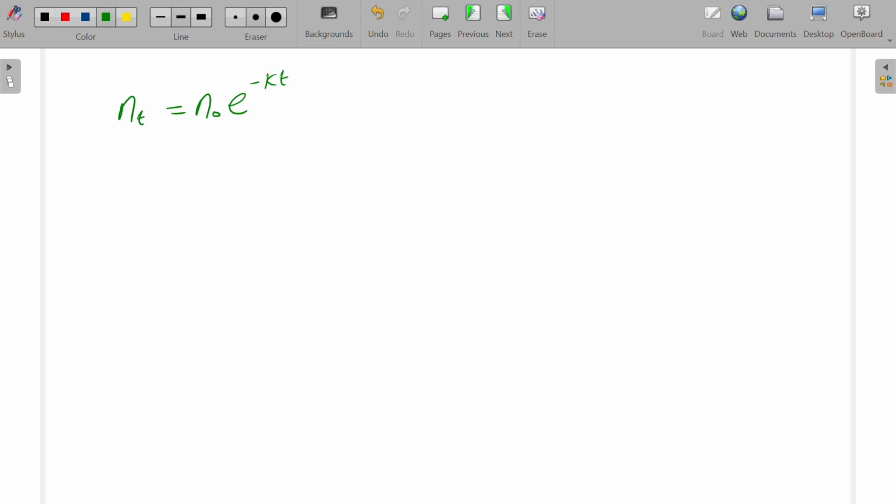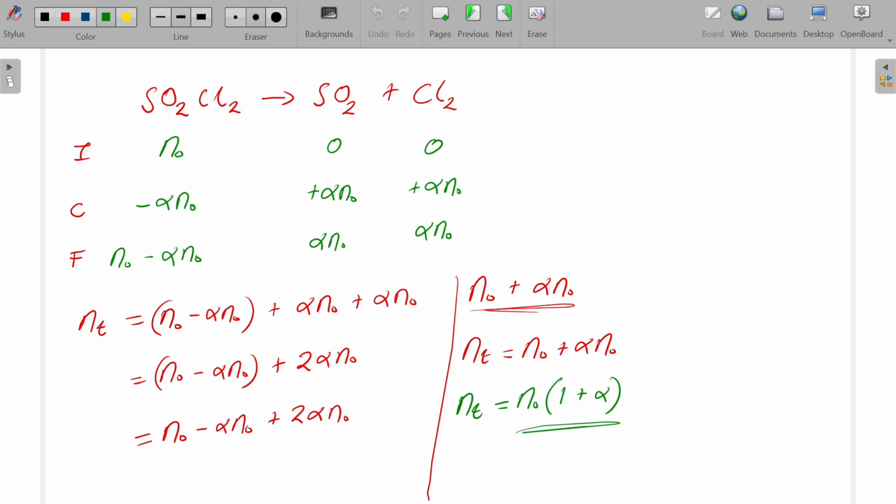In this case, we are talking about sulfuryl chloride. So the number of moles of sulfuryl chloride at the final stage is equal to the initial number of moles multiplied by e to minus kt. Now, when you go back here to our table, you can see that at the final stage, the number of moles of sulfuryl chloride is n initial minus alpha n initial.